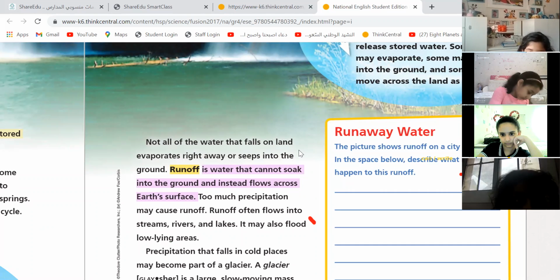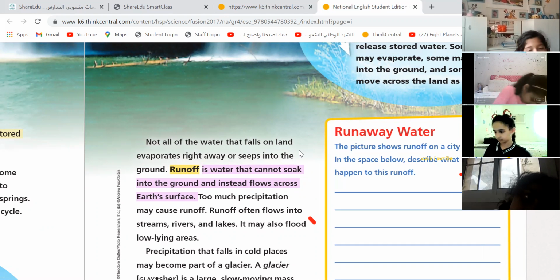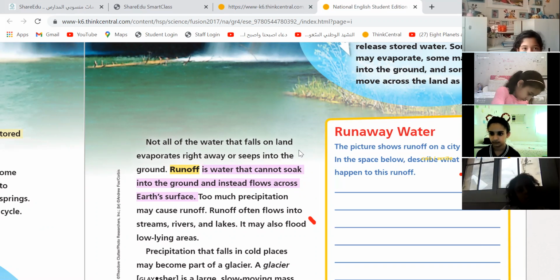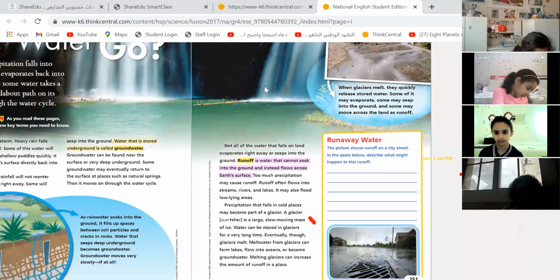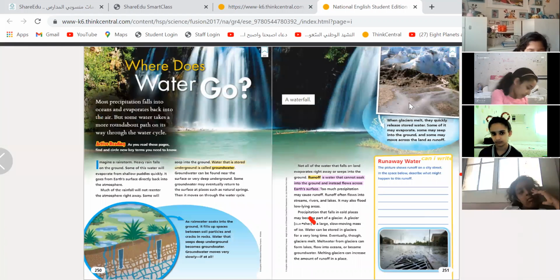Excellent. It flows across the Earth's surface. Can you give me an example? Water running, like this. What is this? A waterfall. Excellent.